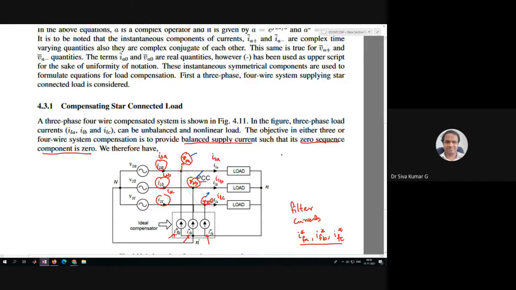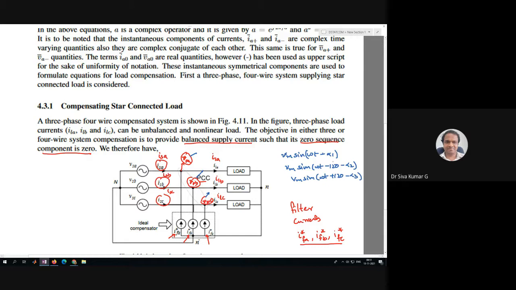The unbalanced voltages may be capital Vm sine omega t minus alpha 1 in phase A, whereas Vm sine omega t minus 120 minus alpha 2, the Vm is the same only, but there is a phase angle difference in the three phases.